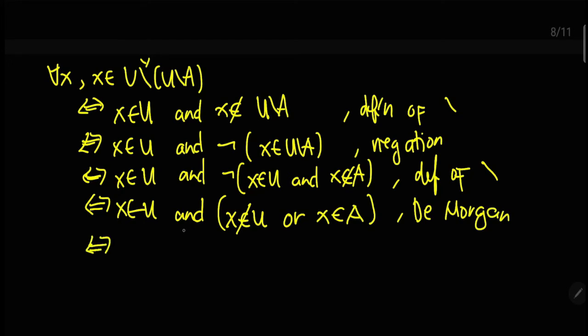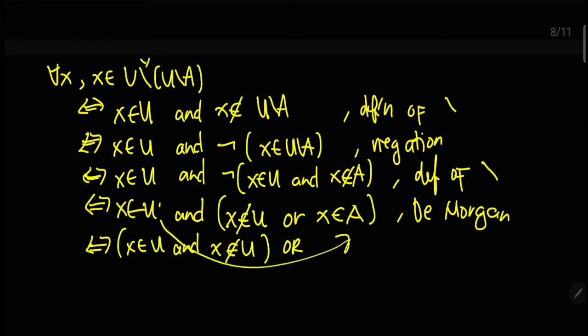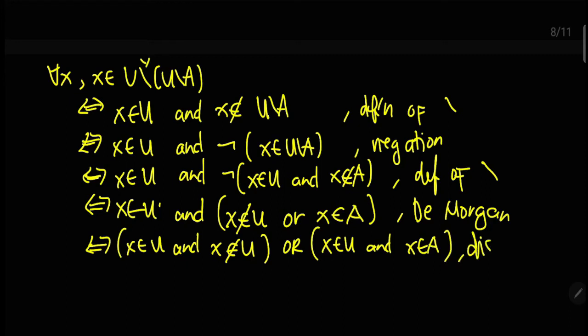Now that we have an AND and an OR statement, we can use the distributive law in logic. What does the distributive law mean? We are going to distribute AND. So we have X is in U and X is not in U, or we distribute it to X is in A as well. So we have X is in U and X is in A. Distributive law.